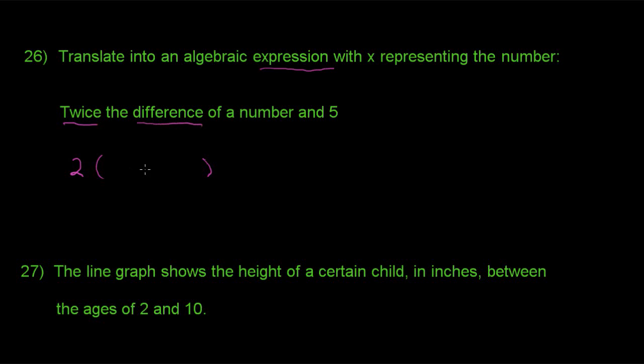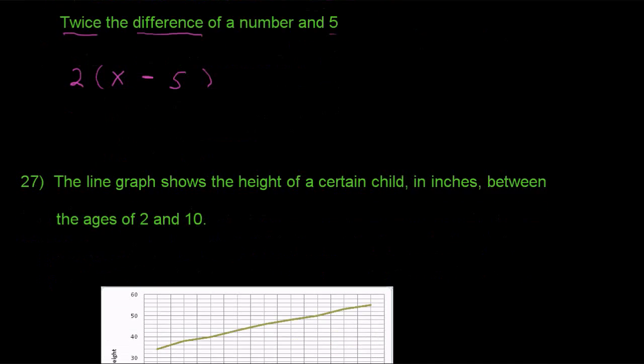And difference means a subtraction. So we're going to have a subtraction. The difference of a number, and remember the number was x. So we write x as the first term. So it's the difference of a number and 5. And we write 5 as the second term. And now we have twice the difference of a number and 5.